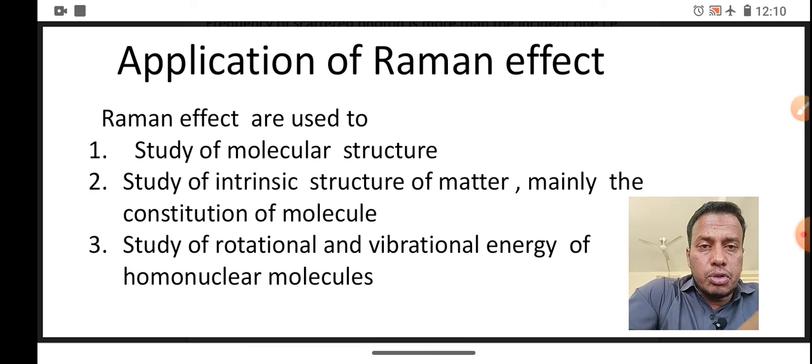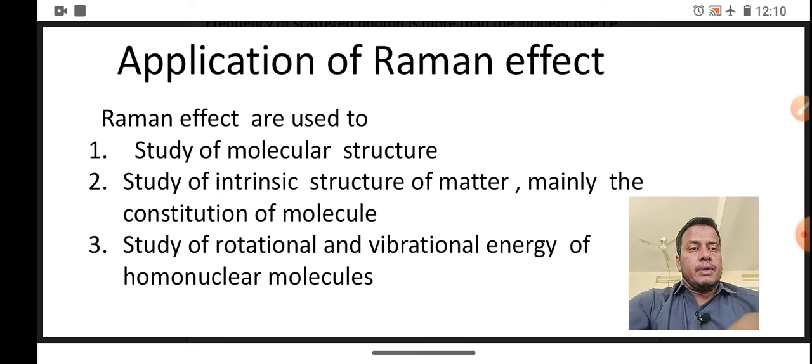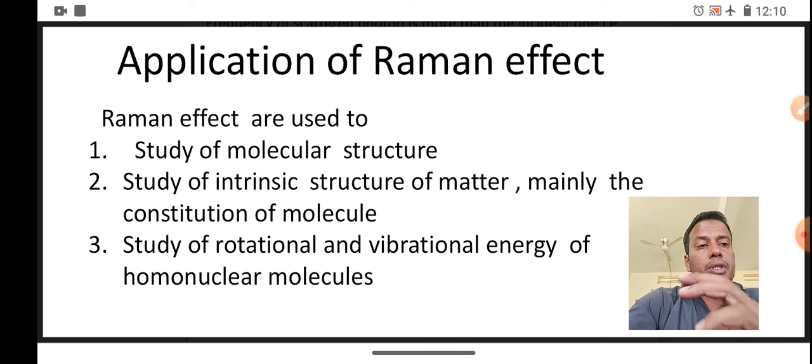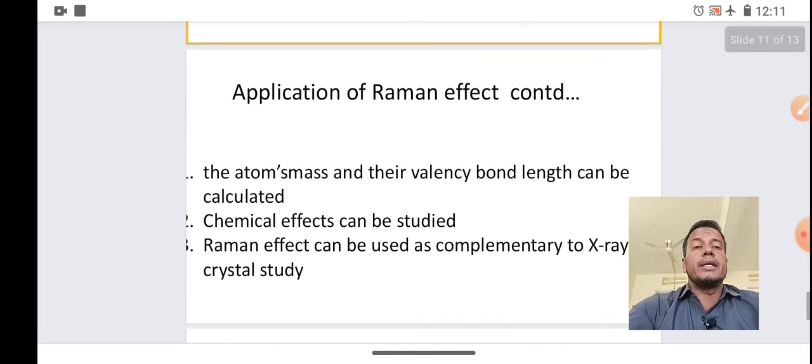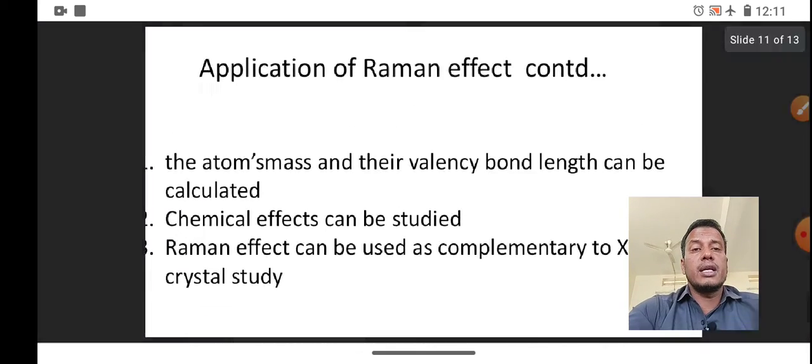It is also helpful to know the intrinsic structure of matter, the constitution of molecules, how their structures are arranged, and also the rotational and vibrational energy of homonuclear molecules. There are also some other useful applications of the Raman effect.